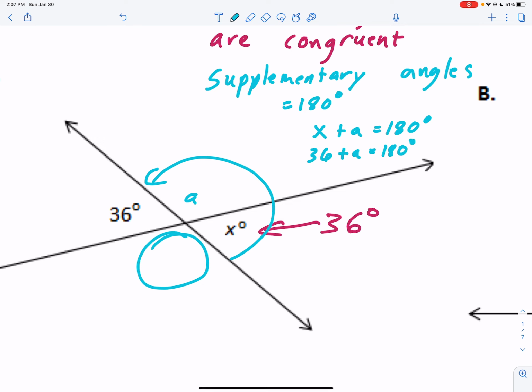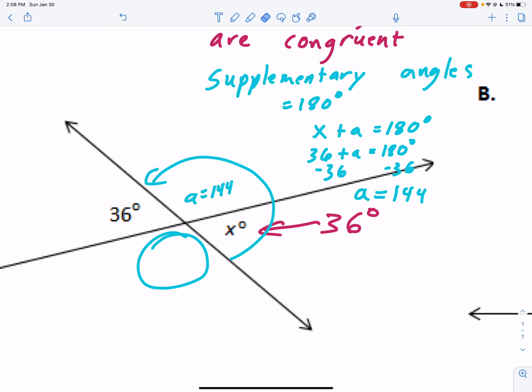Subtracting 36 from both sides, doing a little bit of algebra, A equals 180 minus 36. So 180 minus 36, we got a 4 right there. That drops down to a 7, a 4, 144 degrees.